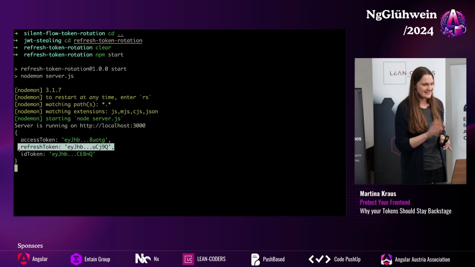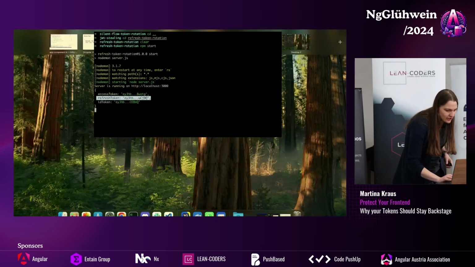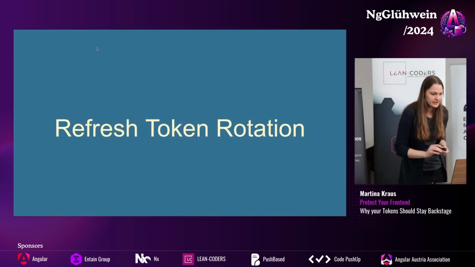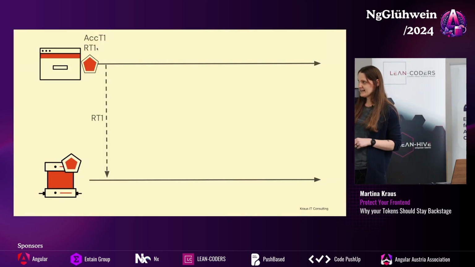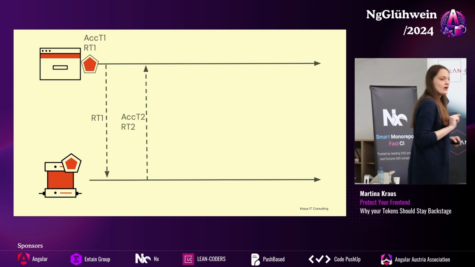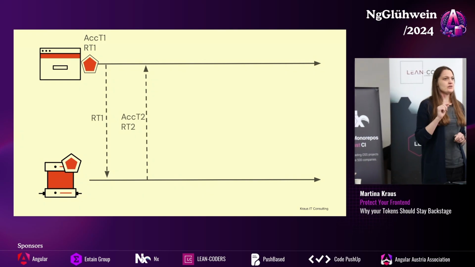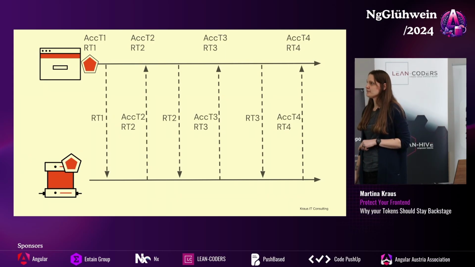Yes, but the identity providers are really smart. They put something on top, which is called refresh token rotation. Refresh token rotation means when I try to get another access token with the refresh token, I get the access token, but I also get a new refresh token, which is really great. And this continues and whatnot.